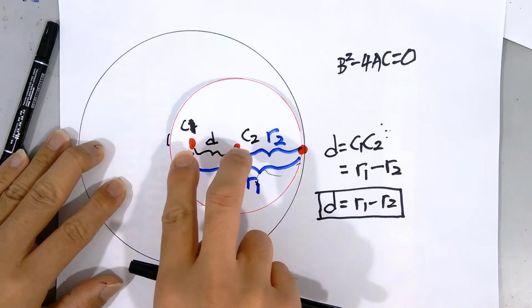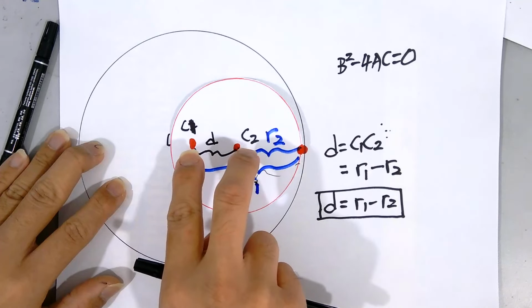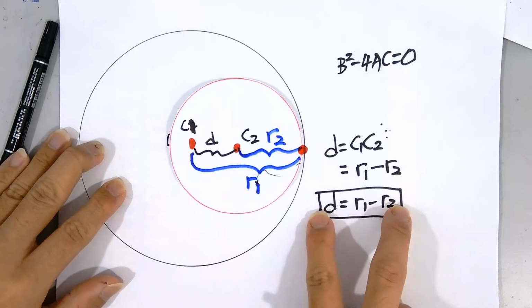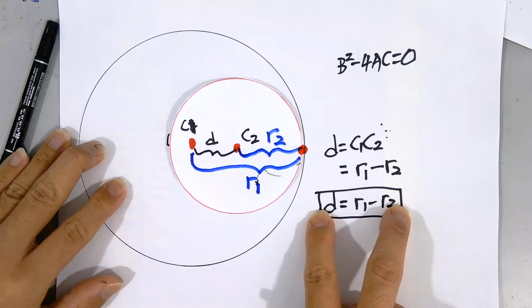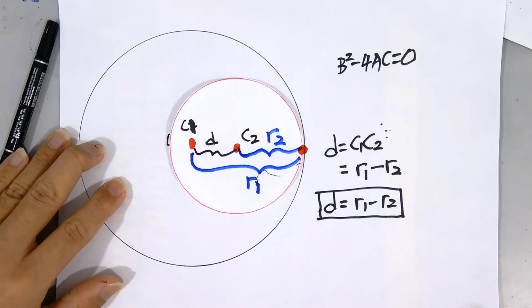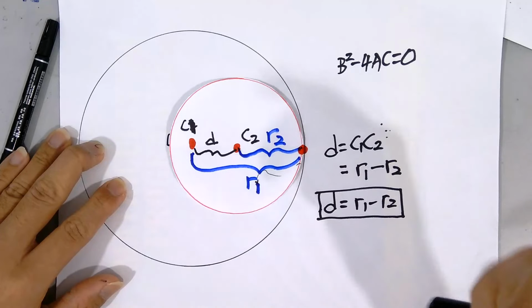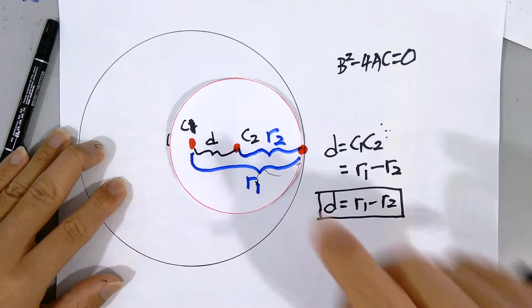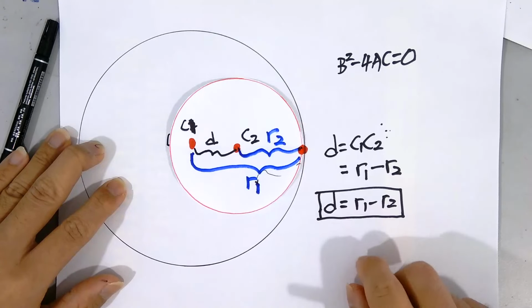So the distance between the two centers will be R1 minus R2. D equals R1 minus R2 if the circles touch internally. The other situation is when the circles touch externally, where D equals R1 plus R2.